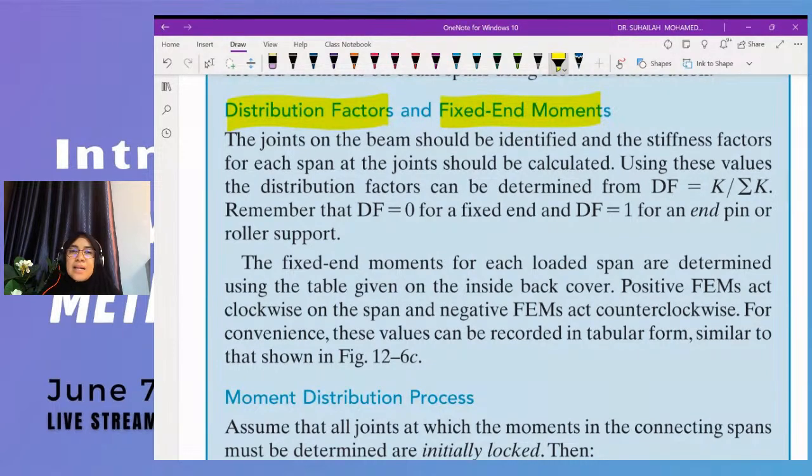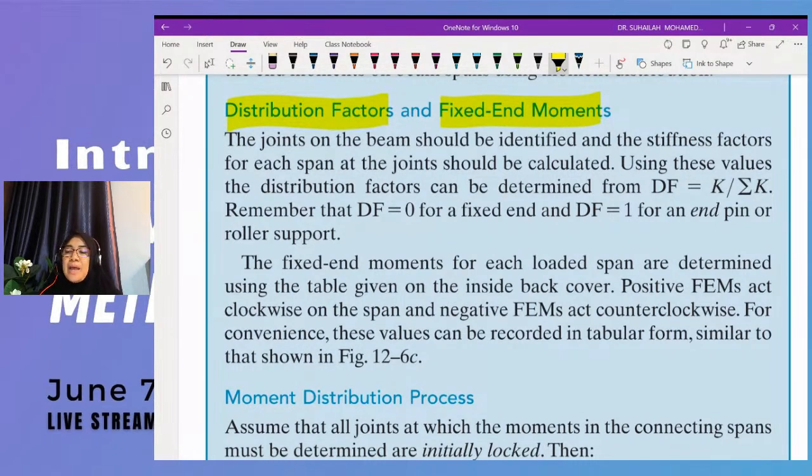To calculate the distribution factor, of course we have to have K, the member stiffness, and we have to know the total stiffness. This distribution factor will be used to distribute moment by multiplying the joint moment by the DF.